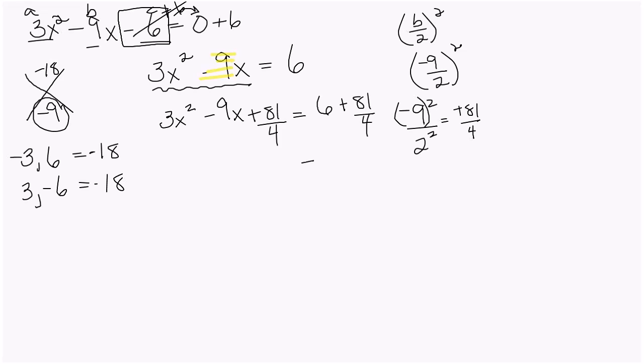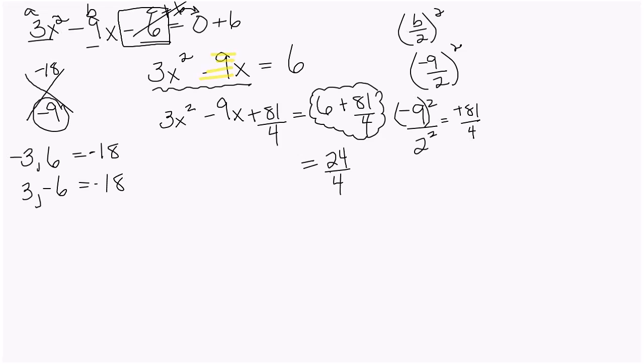And I want to, first of all, simplify this side, which means that I have to take my 6 and make it into an equivalent fraction where I'll have 4 on the bottom. So 4 times 6 is 24. So 6, change that into a fraction that has a denominator of 4, becomes 24 over 4, because 24 divided by 4 is 6.